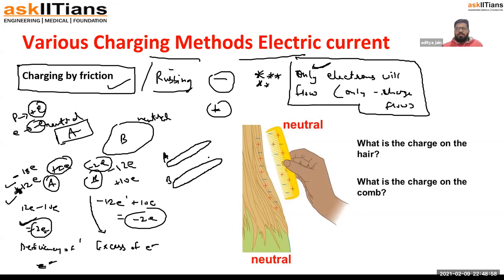A transfer of charges will take place, and you know only electrons, or negative charges, pass. So if two electrons go from body B to body A, can I say there is deficiency of two electrons in body B, because two electrons have moved from body B to body A? How many deficient? Two electrons. So the charge will be plus 2e.